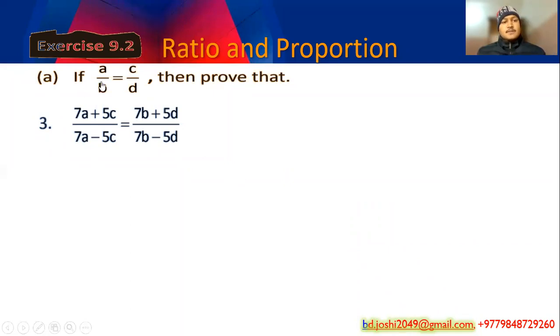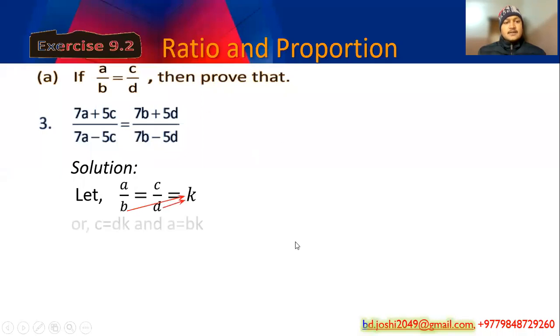In its solution, the first process is we have to say let a by b is equal to c by d equal to k, and from it we will get c is equal to dk and a is equal to bk after cross multiplication.